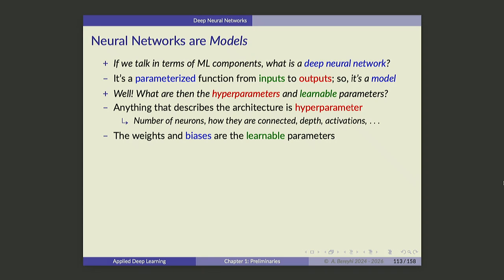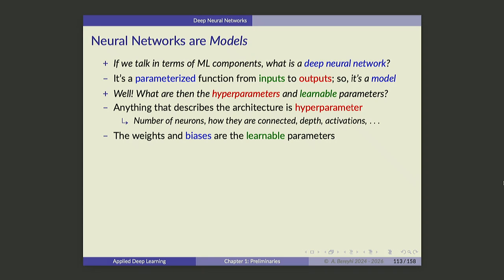But again, as we discussed before, these are the things that you need to specify before you can draw your neural network, right? So you need to first specify your architecture. I want to have 2 hidden layers. Every single of them has 5 different neurons. 1 output layer with 1 single neuron. I want to have ReLU activation for all of them. I want to connect everything to everything, right? That is what you choose.